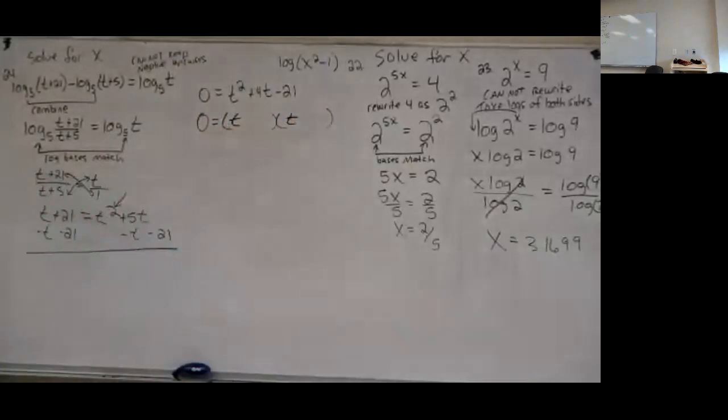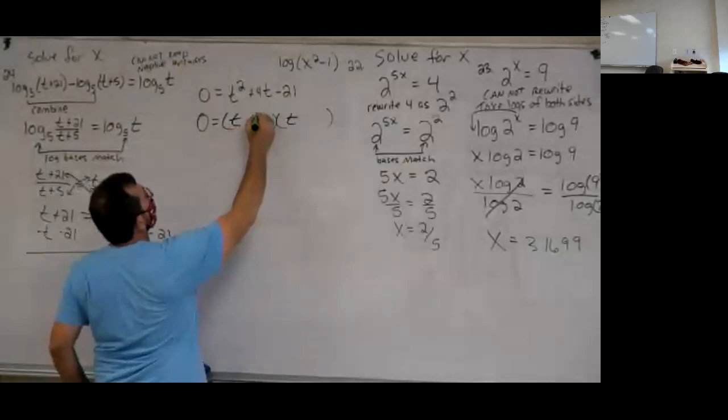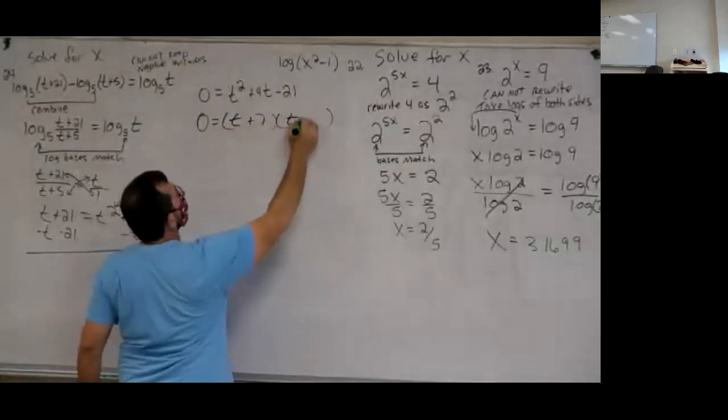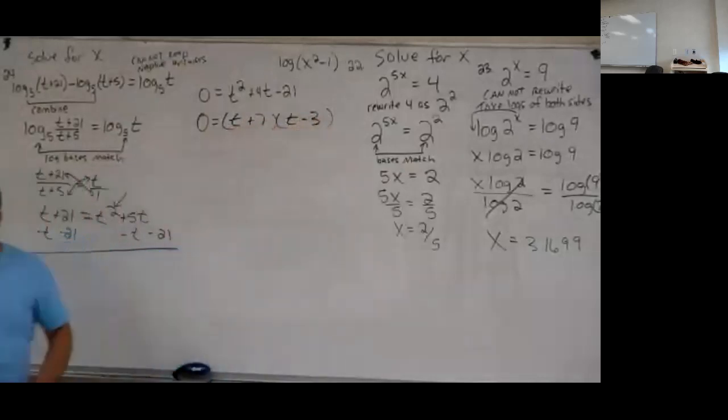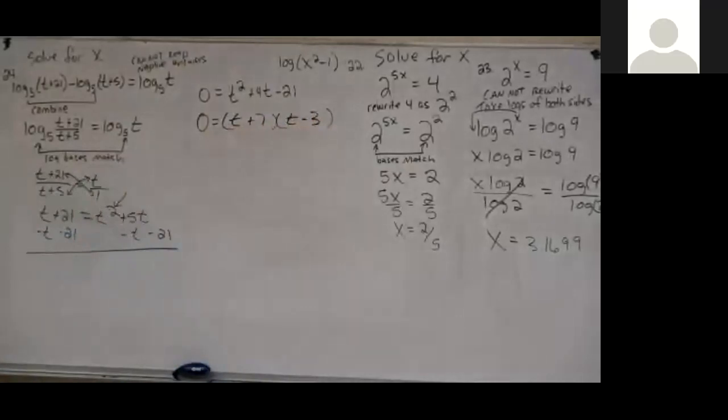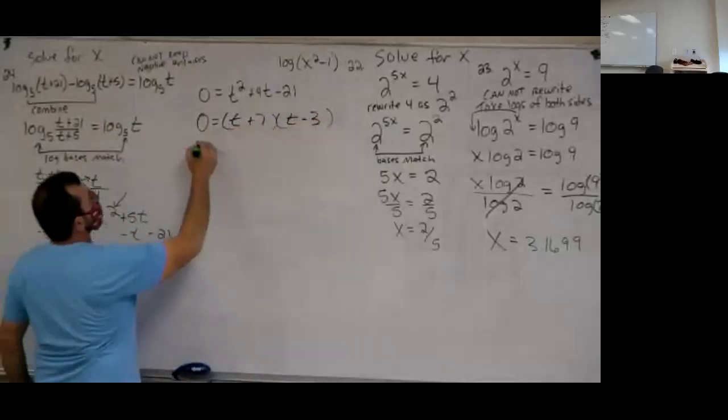And then negative 21. 7 and 3. And the 7 is positive. And what's the 3? 7 and minus 3. And then there you go. So just remember, when y'all put them in math lab, if you use that program, those X's are really T's in math lab, okay? All right, then set both these equal to 0.